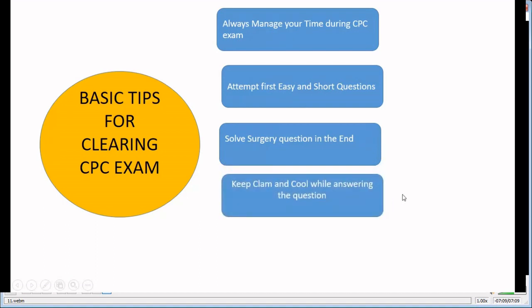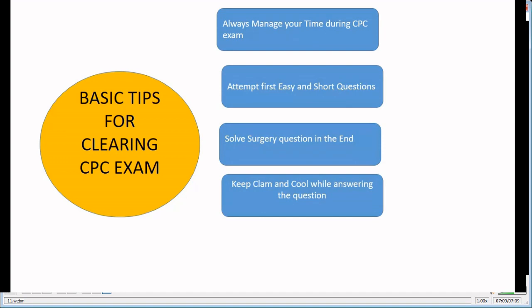While giving exam, do not have any fear of exam, which everyone will mostly be having. So I would recommend everyone to keep a water bottle or something which keeps you hydrated during the exam, which keeps you cool and keeps your presence of mind during the exam.